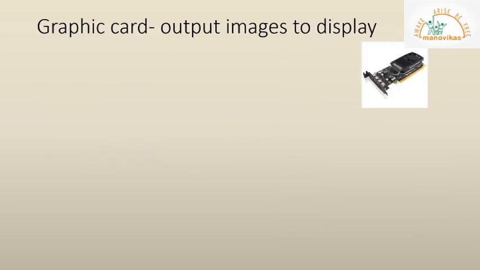Next internal hardware device is graphic card. Have you ever wondered how do you get images, 3D images on the screen? Well, there is a lot of calculations which happen where the program code which is written by the programmer is converted into the numbers zeros and ones.